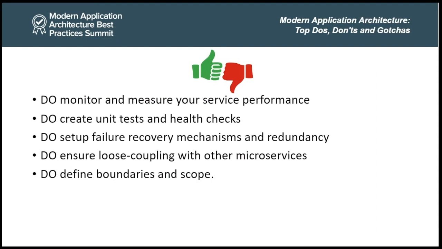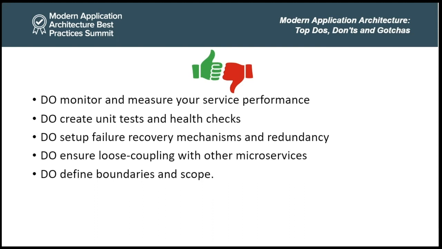So what are the goods and the bads when it comes to microservices? These are the do's that I recommend. Monitor and measure your service performance, meaning that, just like any other DevOps deployment out there, you want to be able to tell how much CPU you are using and what the network latency is, because now we're broken down into various components.